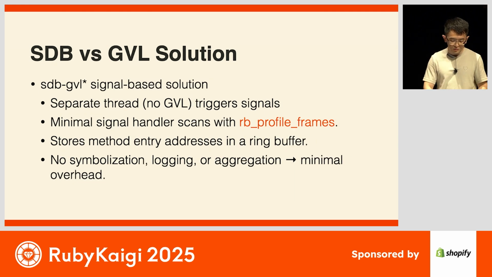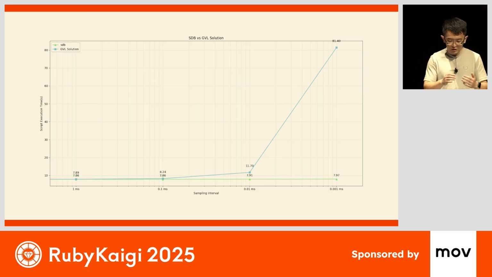For the GVL-based one, I didn't use any existing solutions, because the existing solutions do too much work, making it hard to isolate the impact of the GVL. So I wrote a simple one. It only does the bare minimum for better performance. And here are the results.